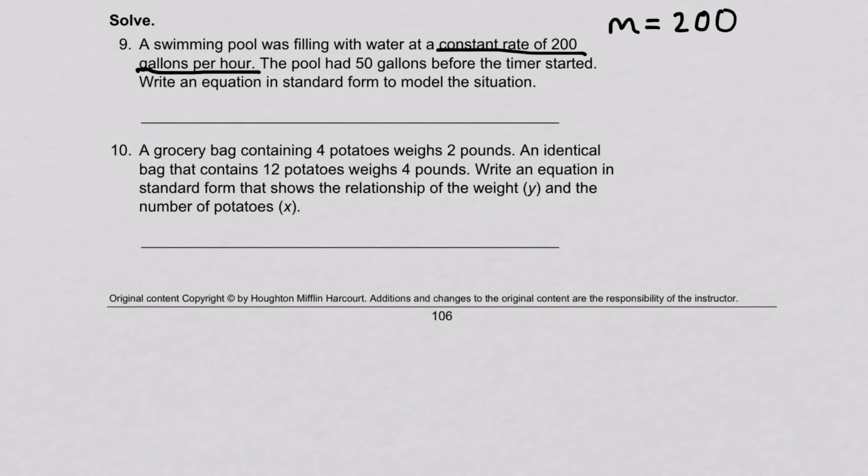Then it says that the pool had 50 gallons before the timer started. Write an equation in standard form to model the situation. So it had 50 gallons before the timer started. That is another piece of information they just provided for me. The beginning or initial amount, the y-intercept, is 50.